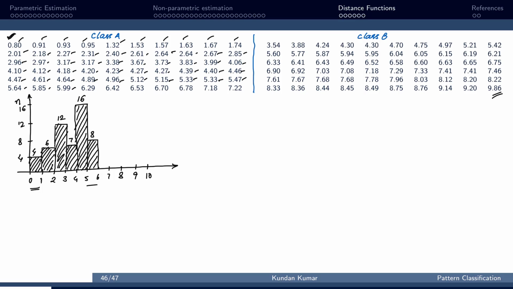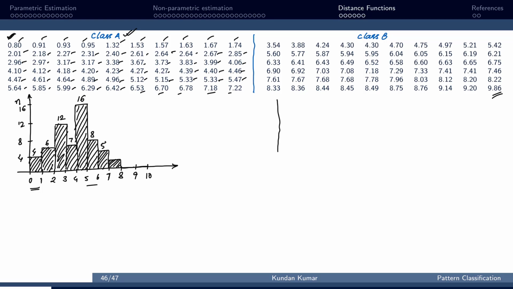Between 6 to 7, 1, 2, 3, 4, 5. So here it is 5. Then between 7 and 8 it is 2. And in this bin we don't have any samples. So this is the histogram of the data samples belonging to class A.